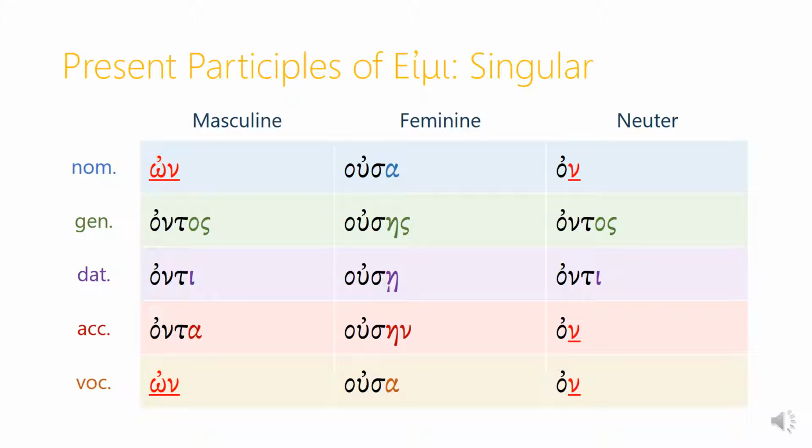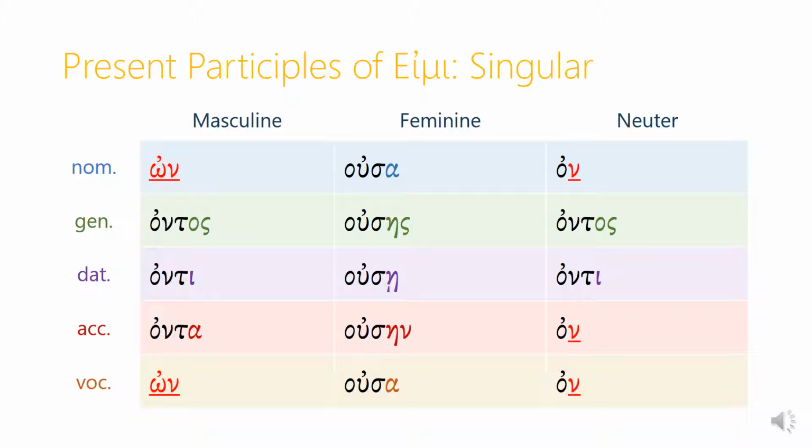So we only have present participles of eimi, and these are actually really, really easy to remember, because the participles of eimi are simply the voice indicator, connecting vowel, and case ending that you would put on the end of normal present participles. So on the end of masculine nominative singular participles, you usually put -on. And the present participle of eimi in the masculine nominative singular is just on.